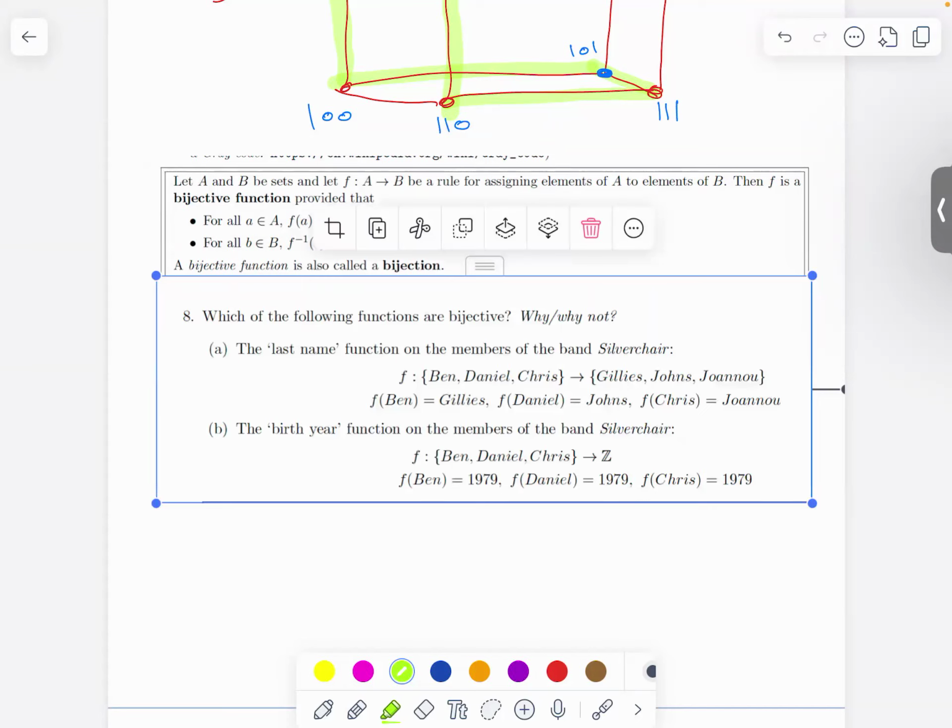A function which is one-to-one and onto is called a bijective function, or together it can be called a bijection.